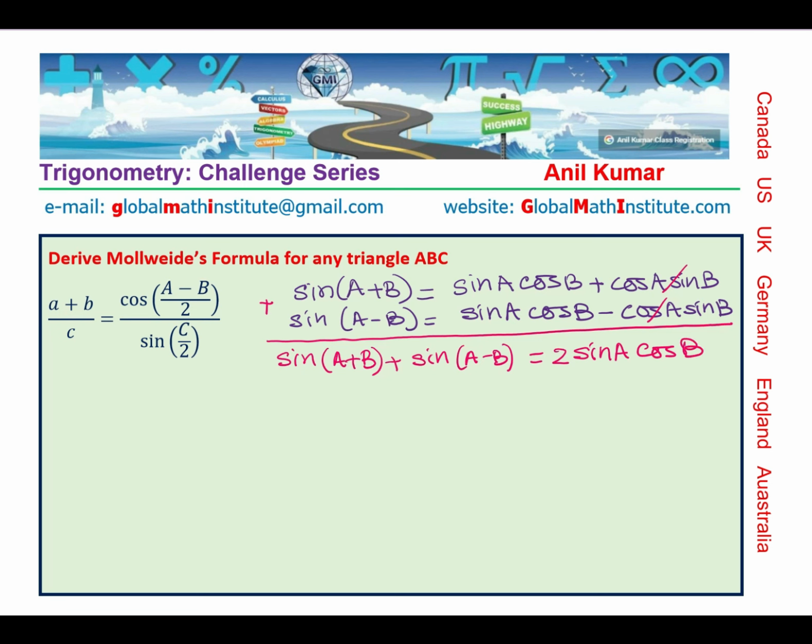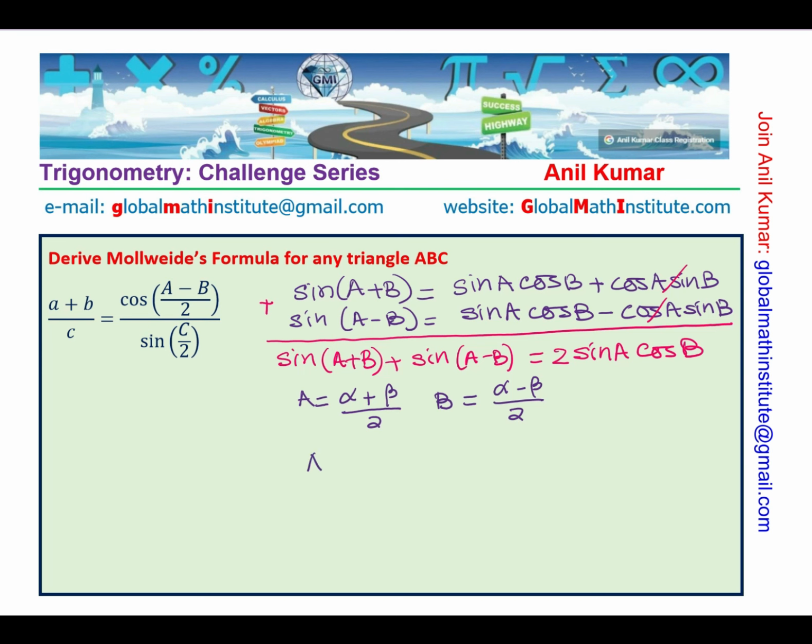Correct? Now here is a small substitution which will help us get our formula. So if I write A equal to, let's say, alpha plus beta by 2 and B as equal to alpha minus beta by 2, right? In that case, what is A plus B?